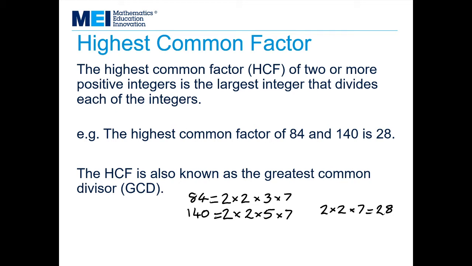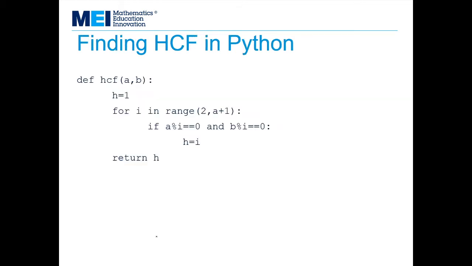With small examples like this, it's fairly easy to work out the highest common factor, but when the numbers get bigger, it's much better if we can get the computer to do it for us. So let's have a look at how we could do this. Here's an example of a program for finding the highest common factor in Python.